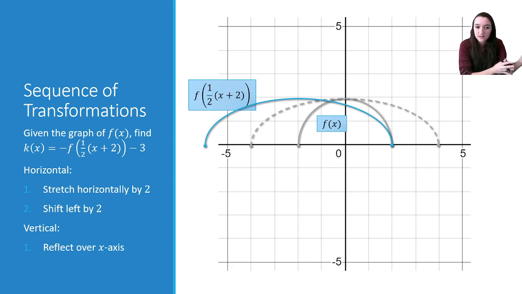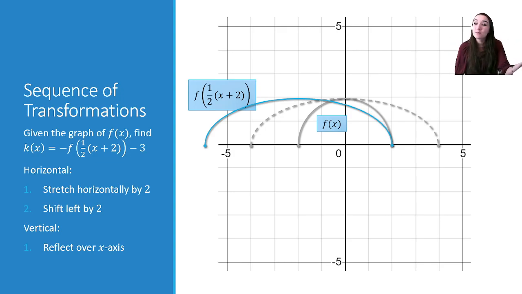If I had done this in the wrong order, it wouldn't have shifted to the left by 2. It would have shifted the wrong amount, and so we would have a completely different function. Again, I'm not going to show you the wrong answer here, but try doing it in that way. Show yourself that it is different if you do this in the wrong order, so that you can remember that it has to be done in this order.